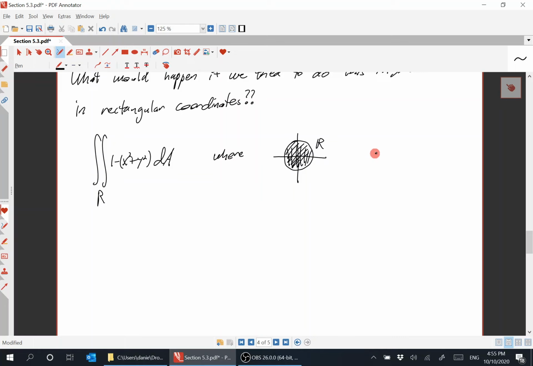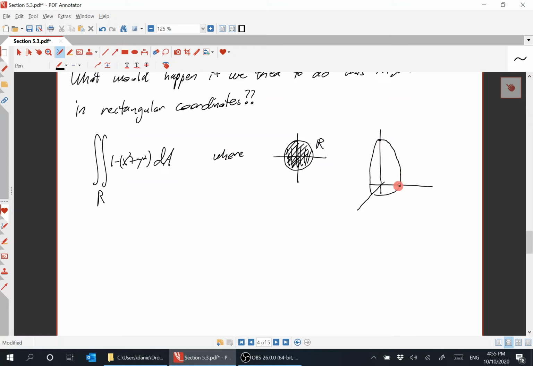Right, and instead of calculating over the entire unit circle, you'll notice that that surface is nice and symmetric around the xy plane and the xz plane.